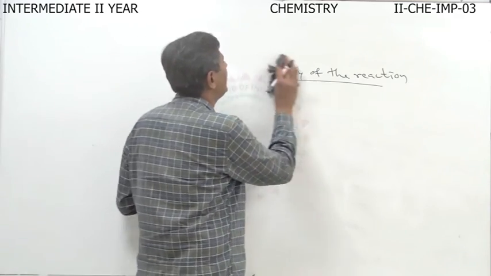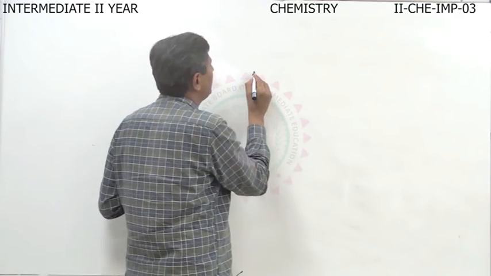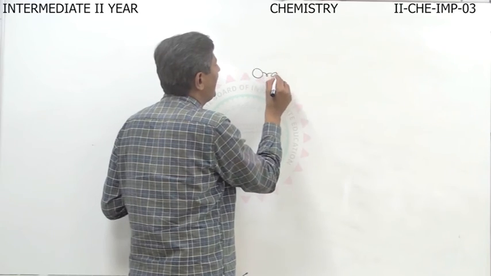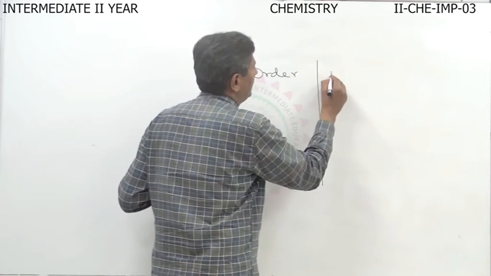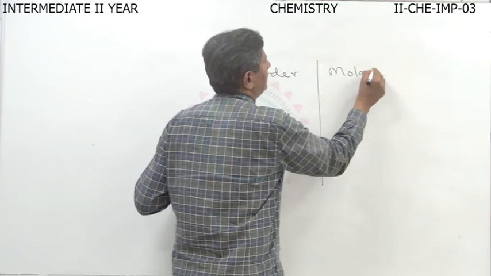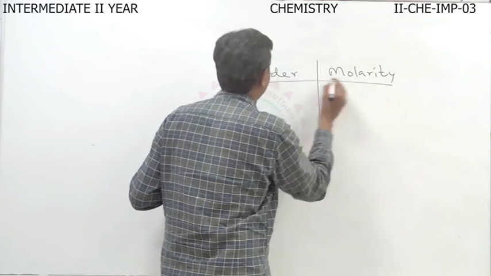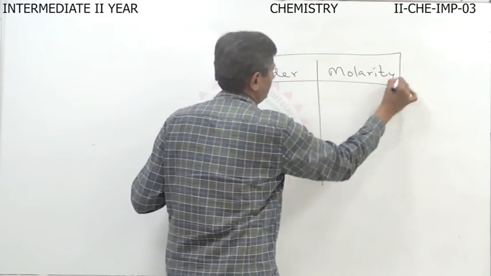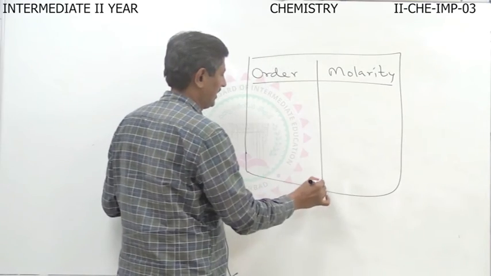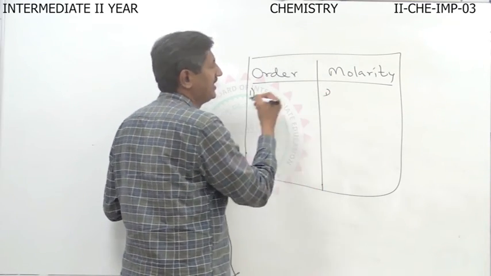Generally we can expect one 4 marks question, that is the differences between order of a reaction and molecularity of the reaction. First one, we can write the definition.